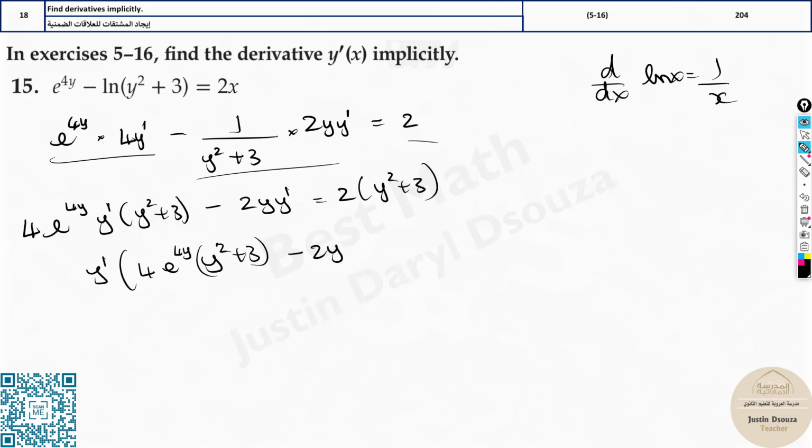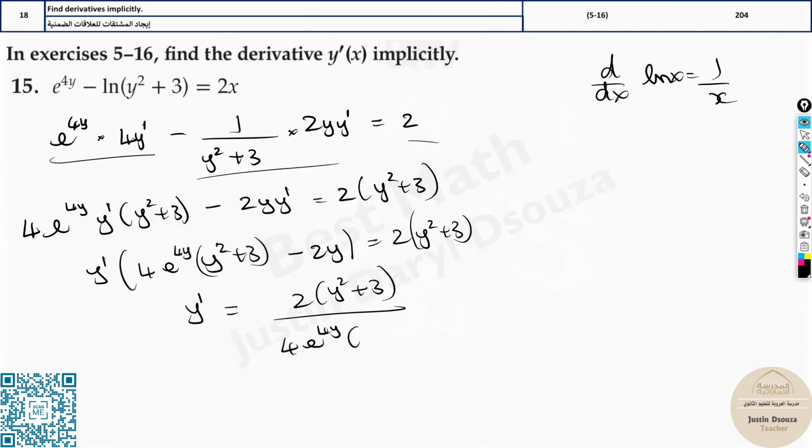I'm not going to multiply this inside because y prime is outside anyway. I just took it out. Equals 2 (y squared plus 3). Now take this to the denominator of the other side. Y prime will be equal to 2 times (y squared plus 3), which is a quantity together, divided by 4e to the power 4y (y squared plus 3) minus 2y. This is the final answer.